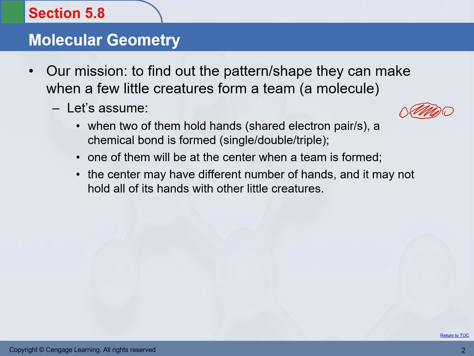For example, the center creature may have 4 hands, while it may use only 3 of the 4 hands, holding hands with the other 3 team members. The fourth hand may just be left there free, not doing anything. So there's a situation where a center may hold hands with 3 other things, and there may be another hand staying here not doing anything.